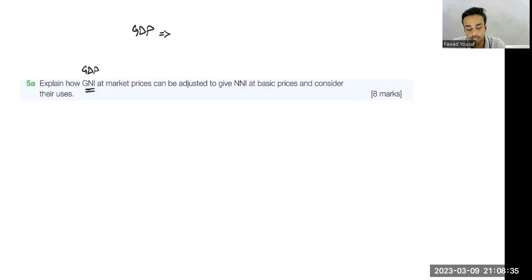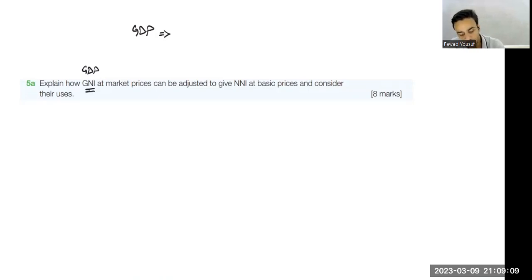Even though some Pakistani resources might be used abroad and generating incomes, that will go in the foreign markets' GDP. And there can be a lot of things in Pakistan that are owned by foreigners, and those foreigners do get their incomes returned. But since it is being produced in Pakistan, we'll consider it part of Pakistani GDP.